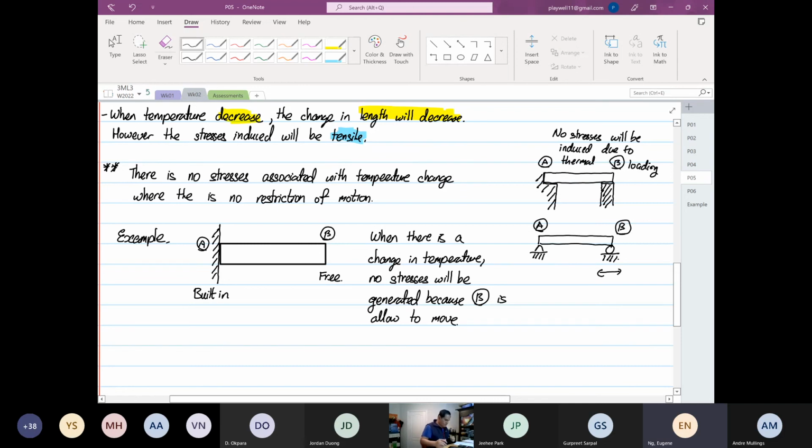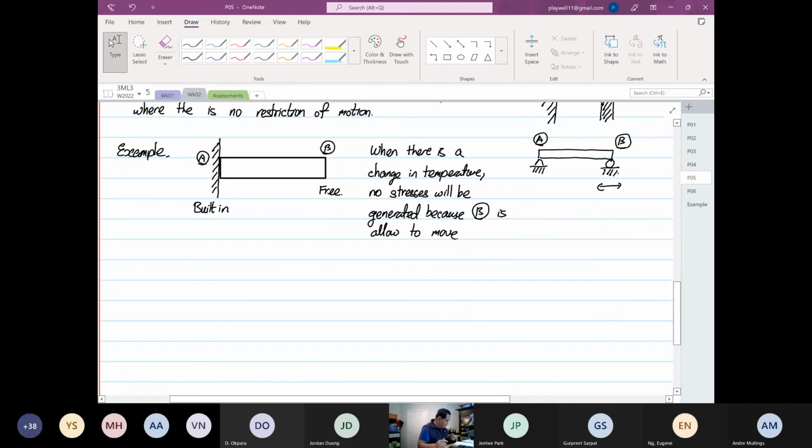Then in another example that I'm going to do now, if we restrict motion on both ends, this is point A, now this is point B. Then we have our built-in structure over here.